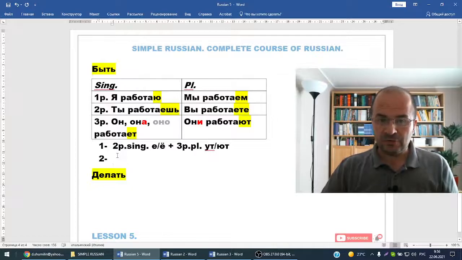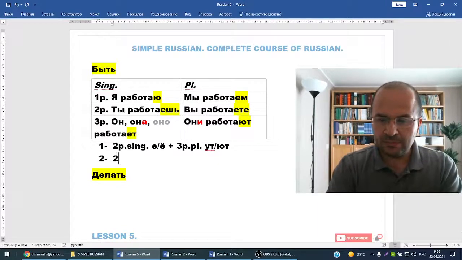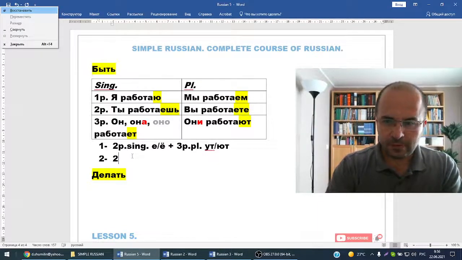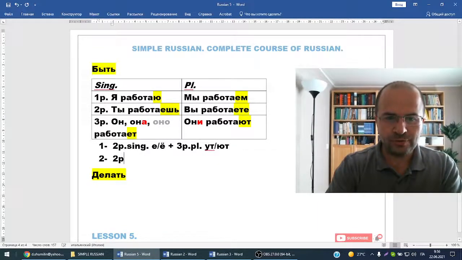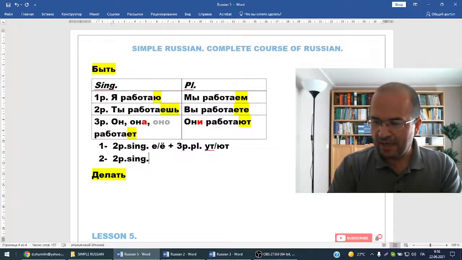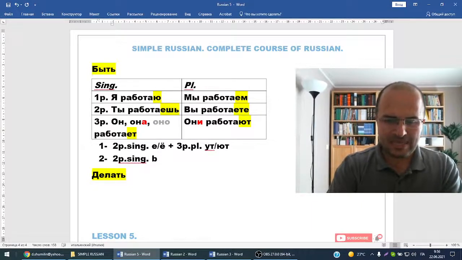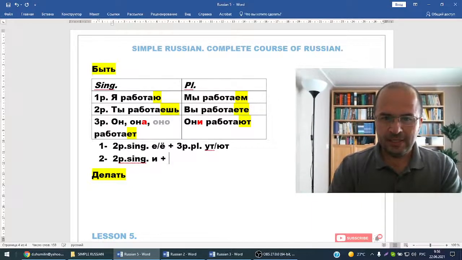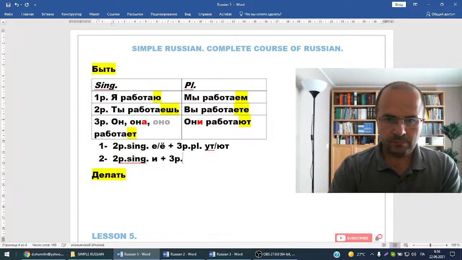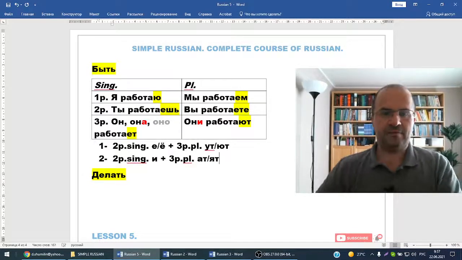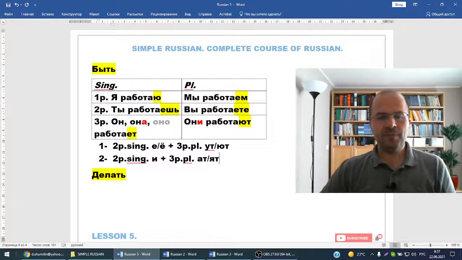In the second conjugation, in the second person singular, you have и ending, plus in the third person plural, you have ат, ят endings, okay?